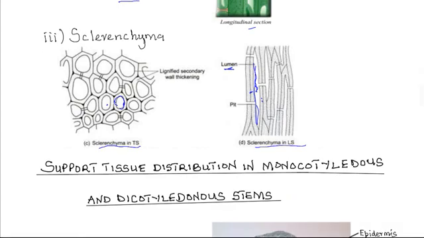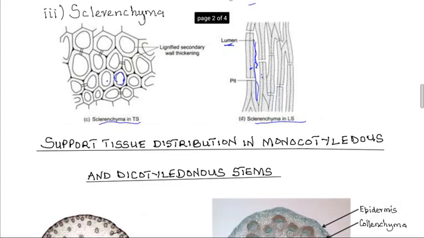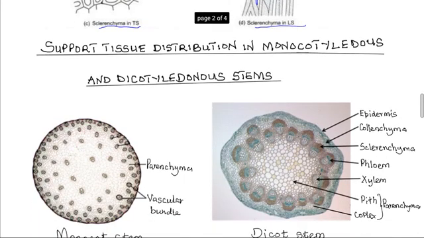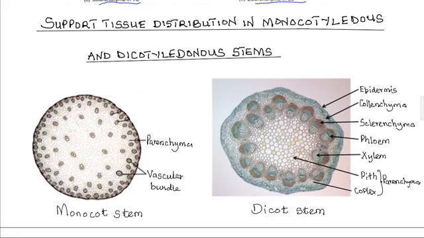Now, these mechanical tissues are distributed in specific ways in monocot and dicot stems. If you look at the distribution of the mechanical tissues just mentioned, you can see that they follow a characteristic pattern.